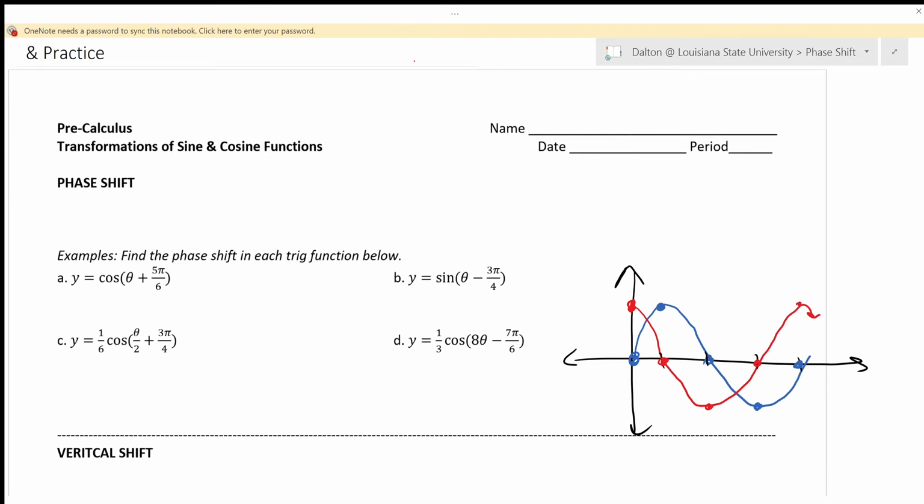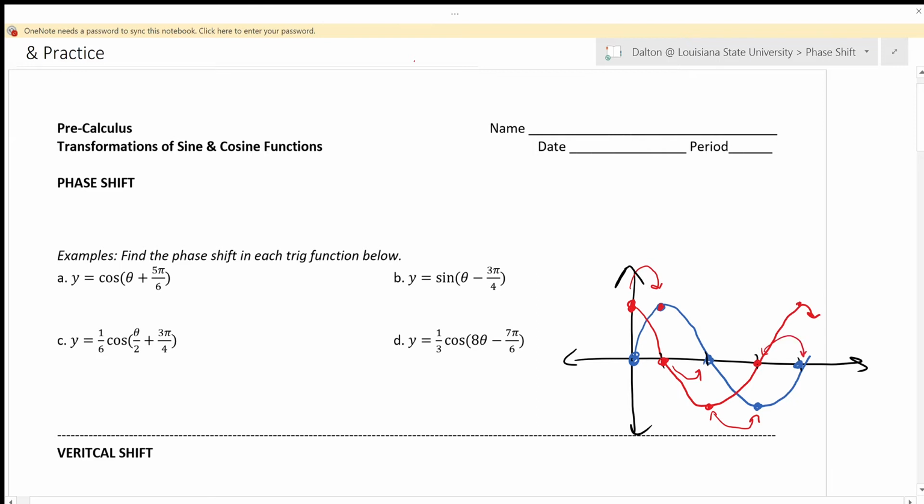But what if I shifted cosine? It would be sine, right? If I moved this point half pi over, I'd land on that point. And then if I shifted this point, I would land on that point for sine. And then this point would land on this point for sine, and this point, et cetera, right?